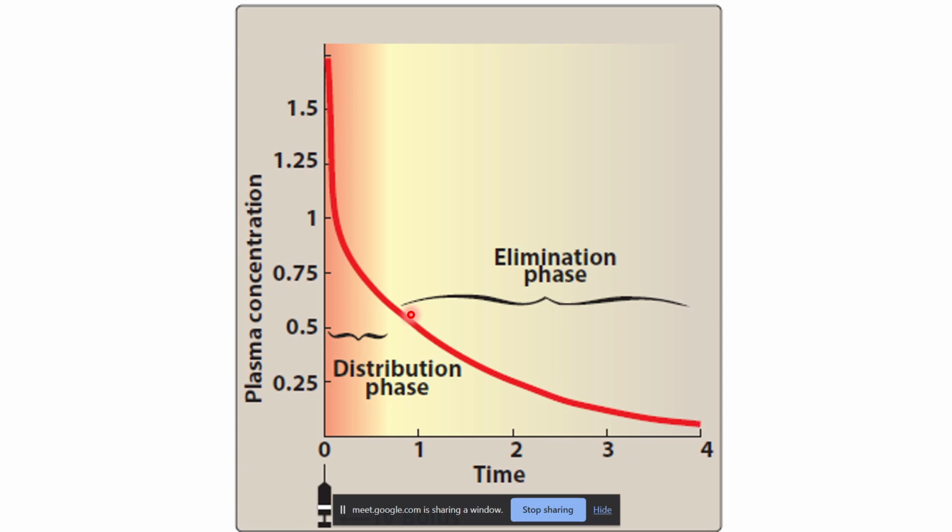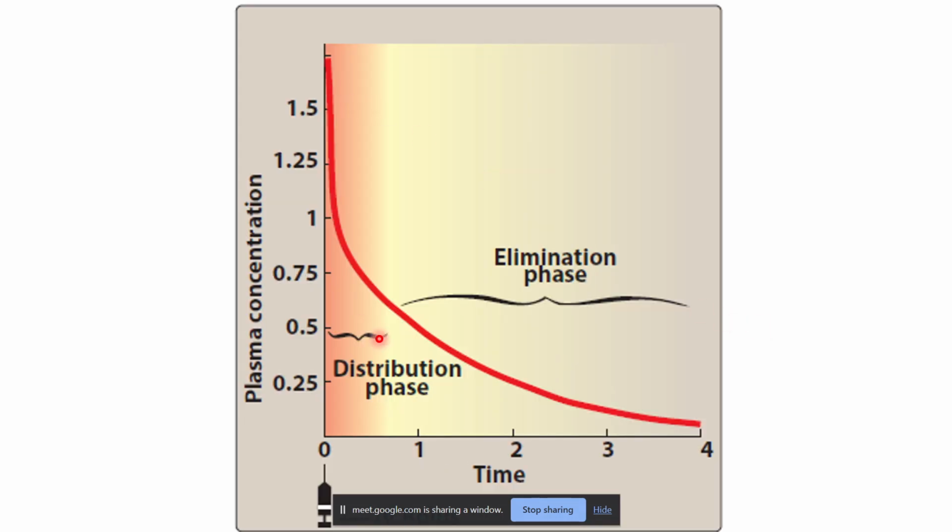For example, if the drug is eliminated by the urine, then the urine formation is also limited. That is why this phase usually takes several hours. So here it's actually 3 hours: 1 hour of the distribution phase, and then 3 hours of the elimination phase.